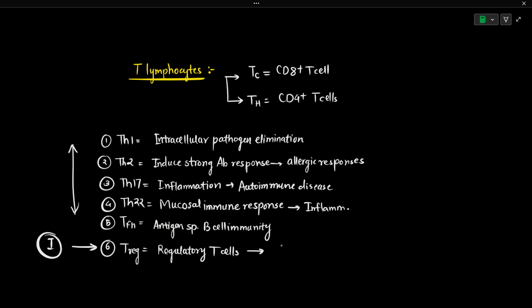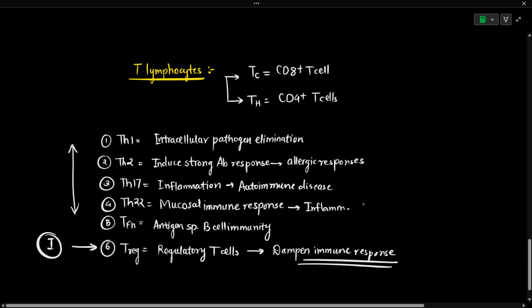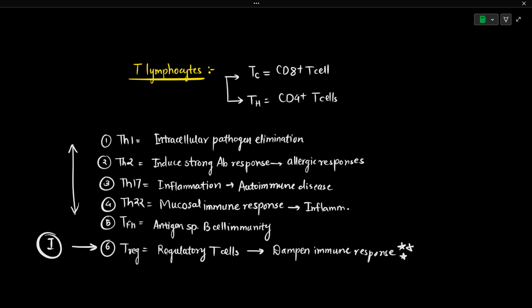So they are going to inhibit the T cell activation. They are going to totally dampen immune response. So they are basically the brakes over our immune responses. And these are very crucial so that the inflammation doesn't go overboard and we can keep the immune system in check. So these are the different types of T helper cells that are found in our body.